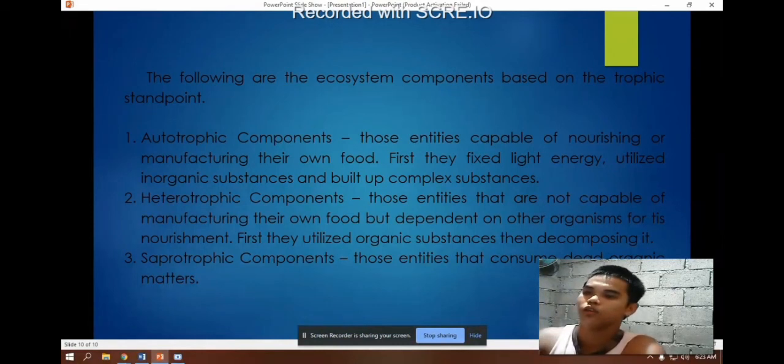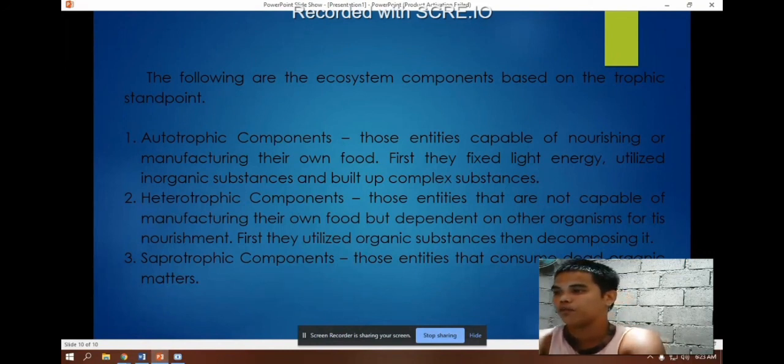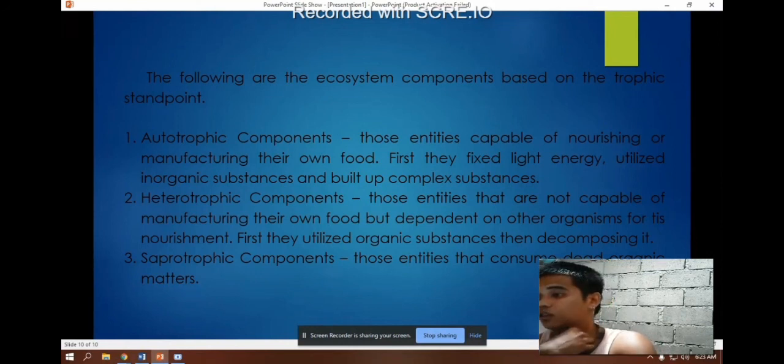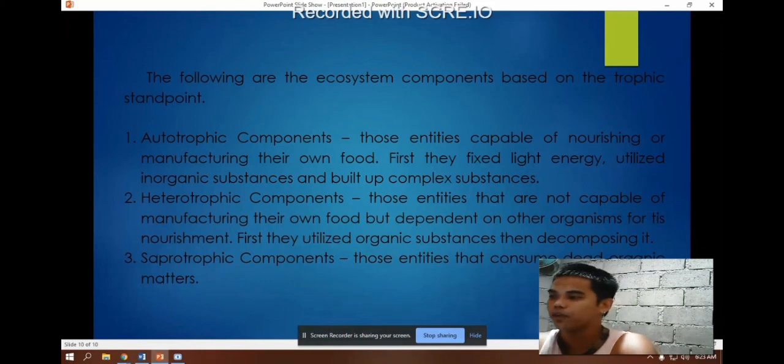Autotrophic components: those entities capable of manufacturing their own food. They fix light energy, utilize inorganic substances, and build up complex substances.